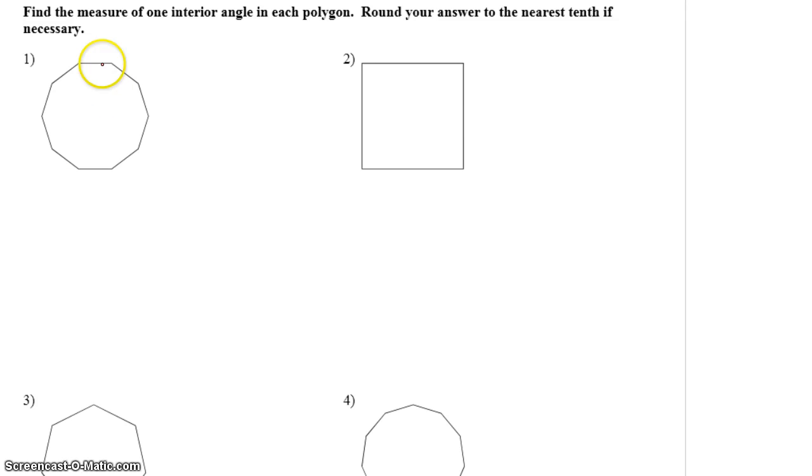For example, this polygon has 1, 2, 3, 4, 5, 6, 7, 8, 9, 10 sides. So a central angle is going to equal 360 divided by 10, or 36 degrees.